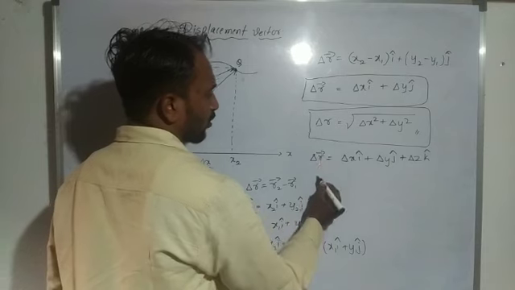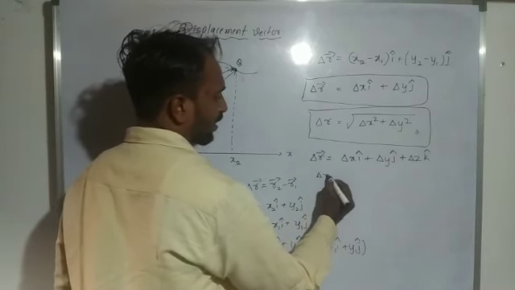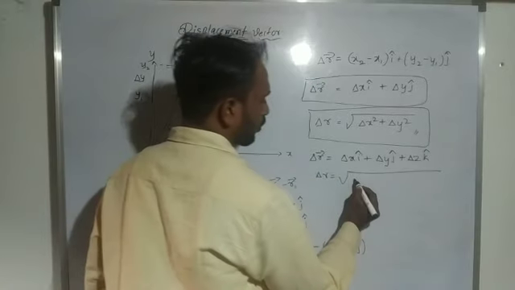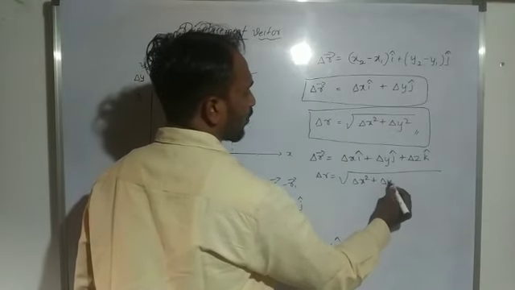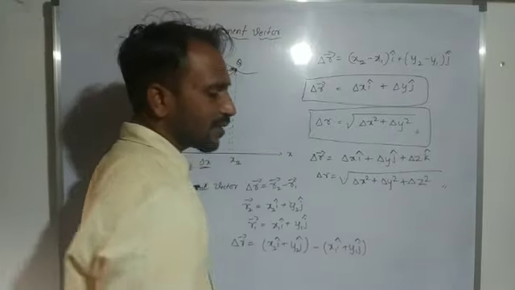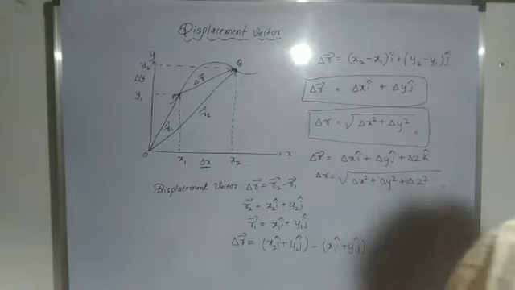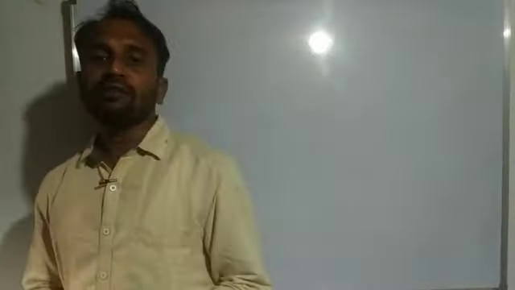To calculate the magnitude, delta r is equal to the square root of delta x square plus delta y square plus delta z square. This is the displacement vector in space, with three coordinates, that is, three dimensions. Next, we want to calculate average velocity and average acceleration.